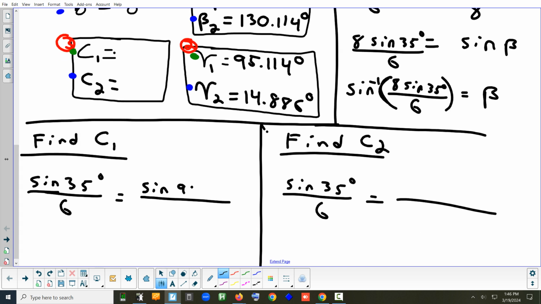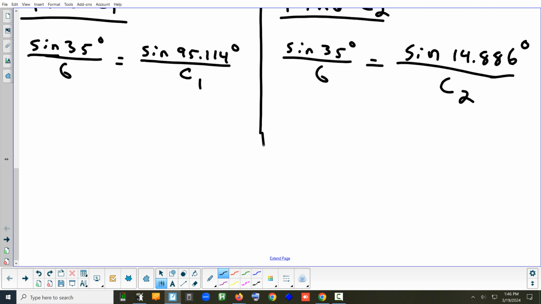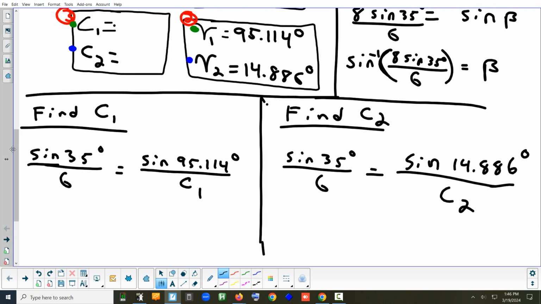So sine 95.114 over C1. And then what angle are we going to use for C2? 14.886. Sine 14.886 divided by C2. All right. And now we'll cross multiply, and that'll tell us C1 and C2.